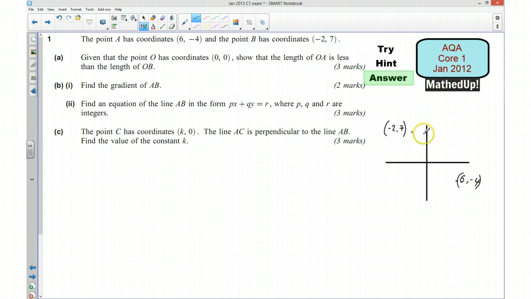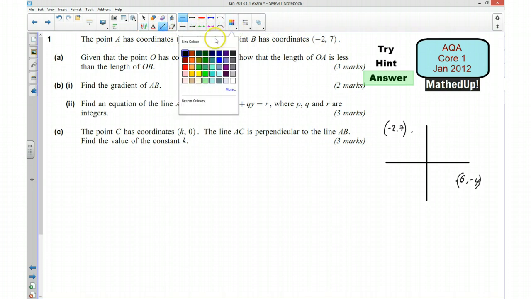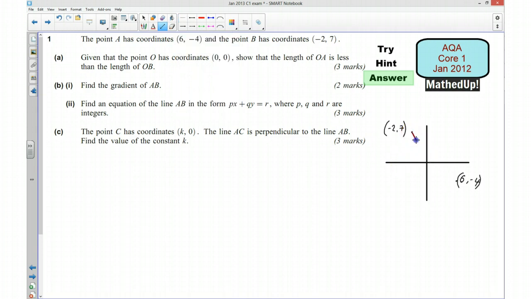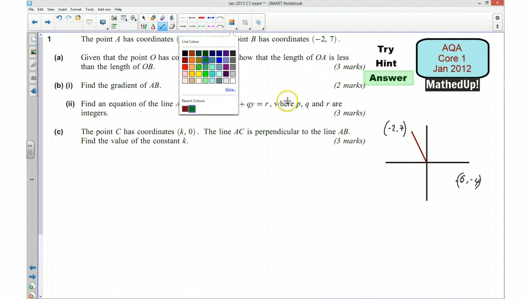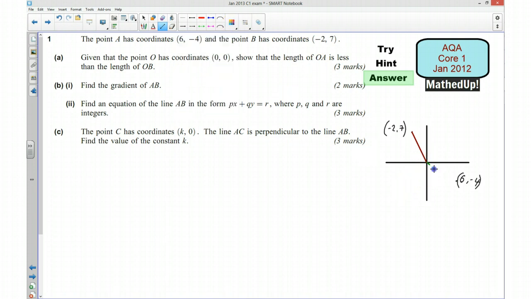Okay, so that's point A and that's point B. We need to show, okay, we're going to have a line over here, and we're also going to have this line here. Okay, so we need to show that the length OA, this length here, is less than the length OB.